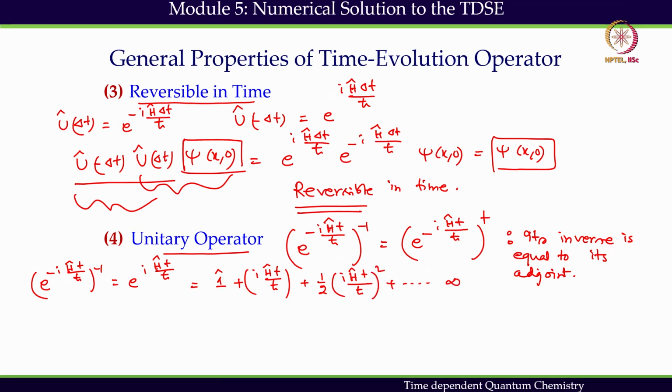Now I mention one important thing. This is nothing but 1, but we are writing it with a cap to show that the entire term represents an operator. So this is a 1 operator. The 1 operator is nothing but multiplication by 1.